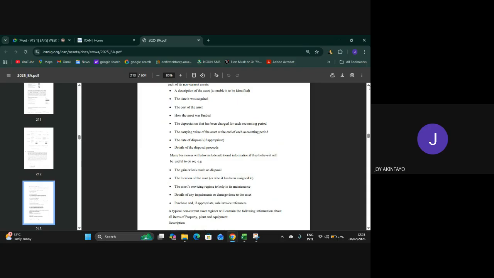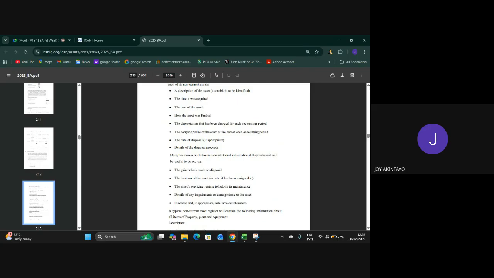How do we maintain this asset so that it will last longer? Like let's take for instance a generator. Sometimes they need to service the generator, change the engine oil, so that the generator will not get spoiled in a shorter period of time. Yes or no?